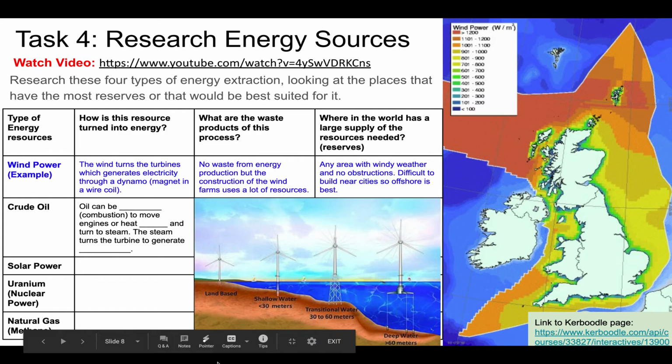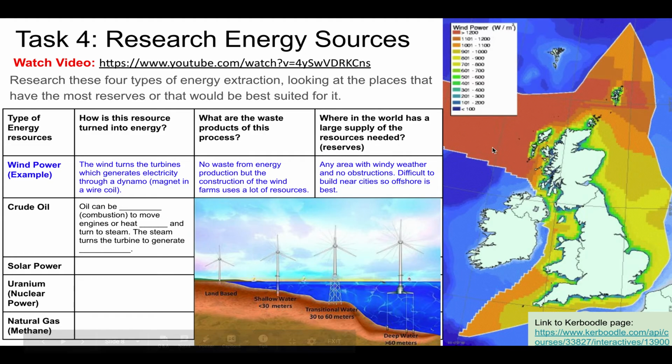And that is because there is the unobstructed flow of air across the Atlantic Ocean, which is creating strong winds in these areas. In fact, when we looked at the UK's physical landscape, we said that that long, unobstructed area of sea that helps the wind blow is called the fetch for a wave.